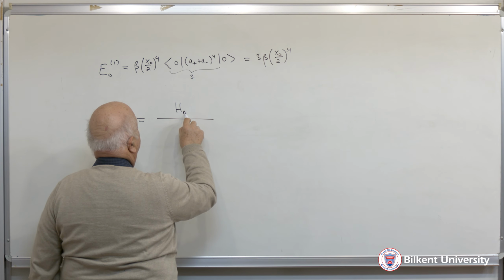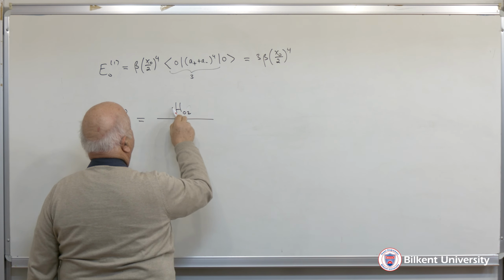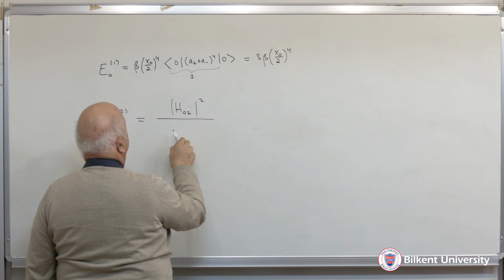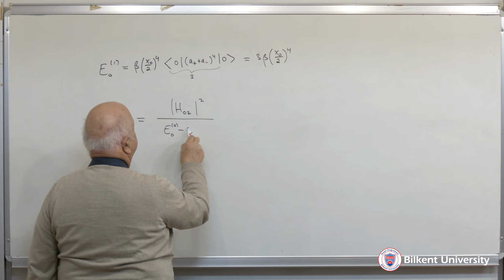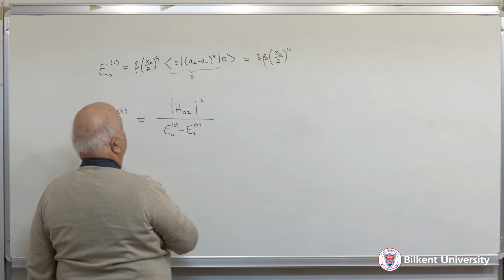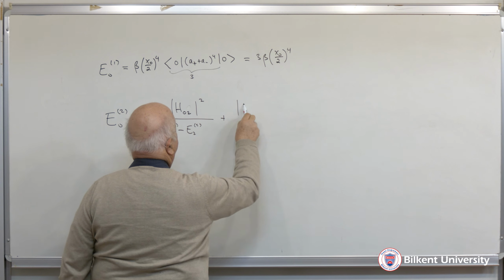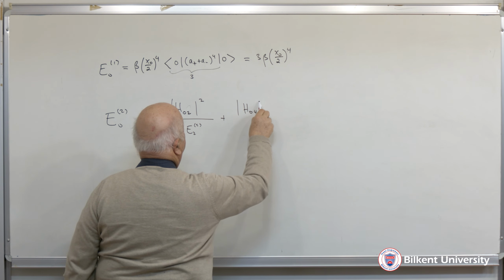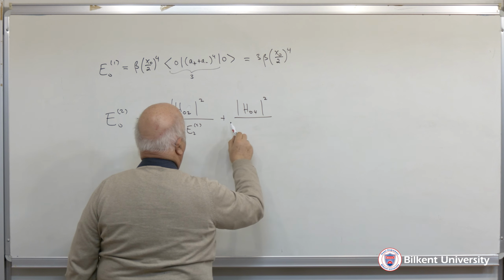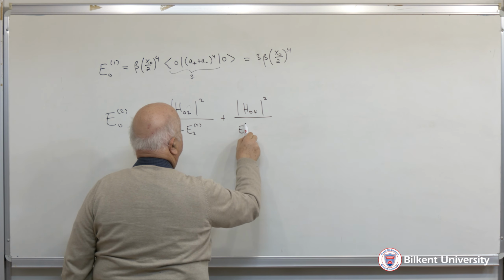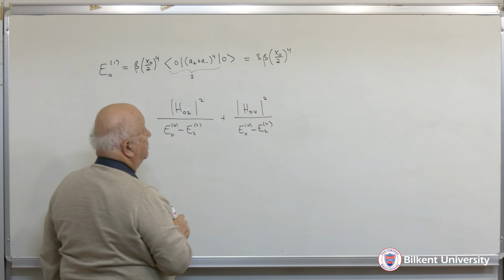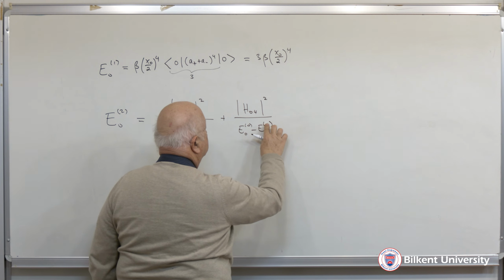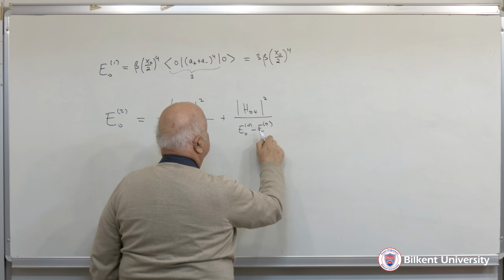H02, magnitude squared divided by E0 minus E2. But then I'm also going to get H04 squared over E0,0 minus E4,0.